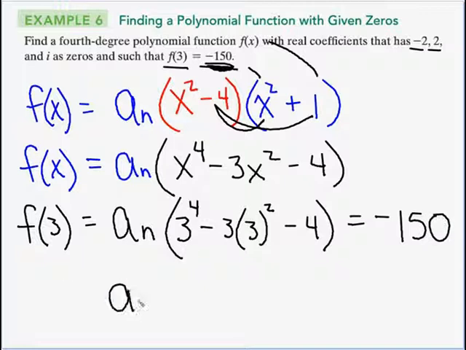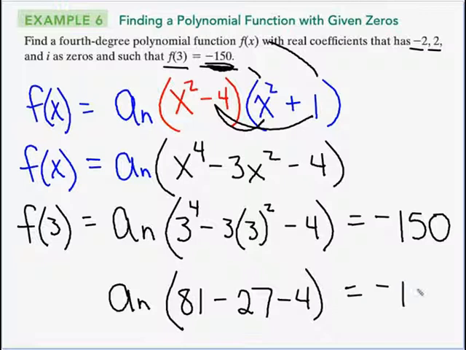So let's work in the parentheses. 3 to the 4th is 81, minus 3 squared is 9 times that is minus 27, and then a minus 4, and that's equal to negative 150.